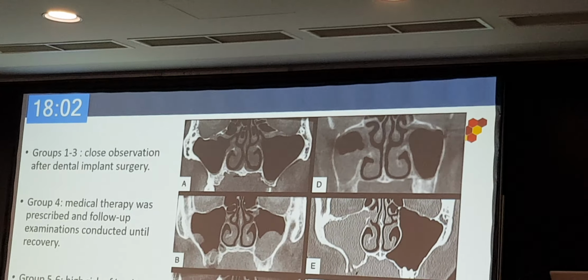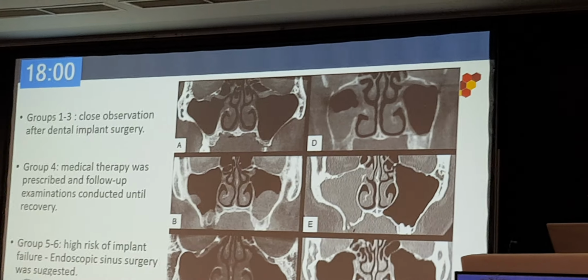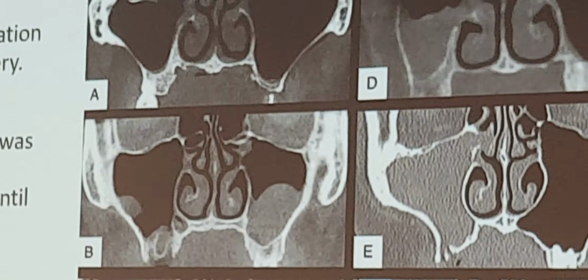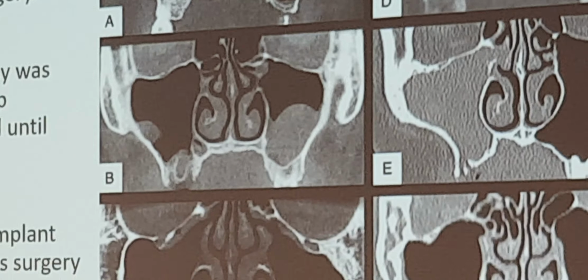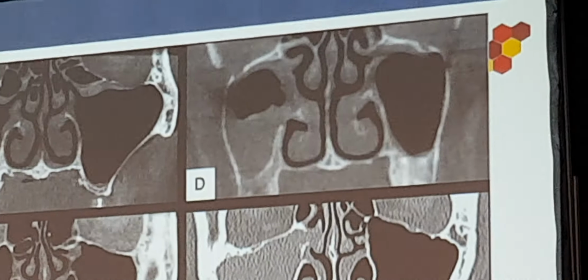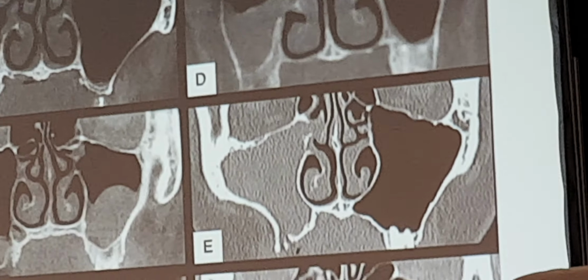A is normal appearance of the CT. B is polyp or cyst less than 50% of the height. C is minor edema, and D, E, and F are different kinds of sinusitis.